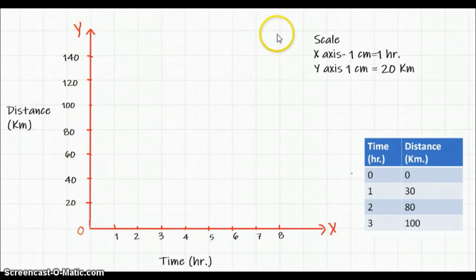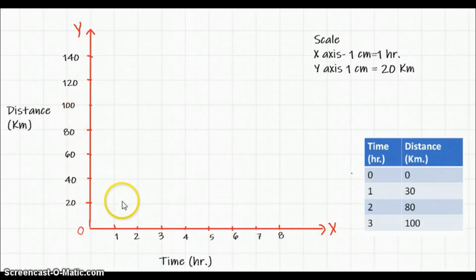I have taken the part which I told you we will use only for the distance time graph. Now this is the x-axis, so you mark it OX, and this is the y-axis, so OY. This is the x-axis and this is the y-axis.